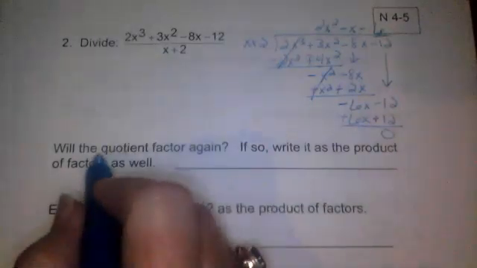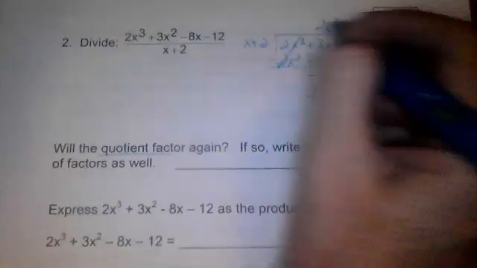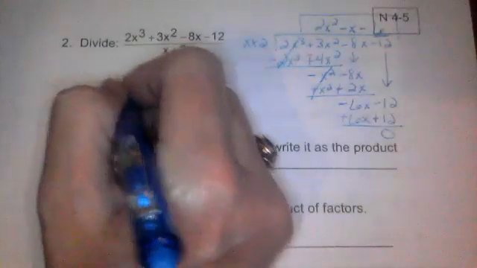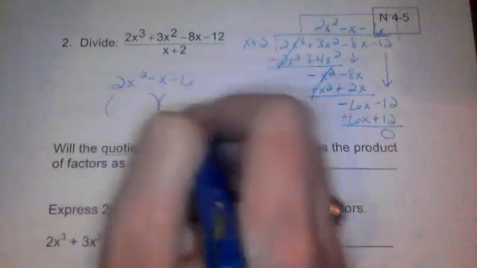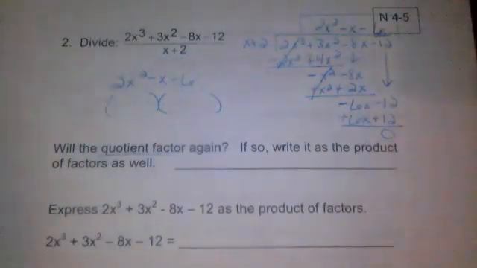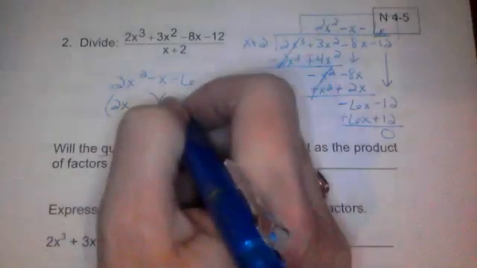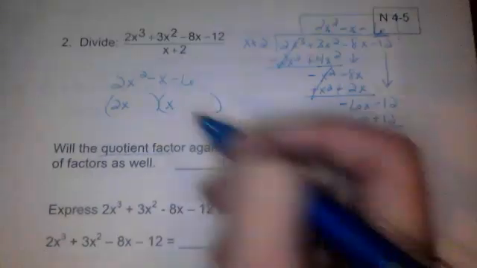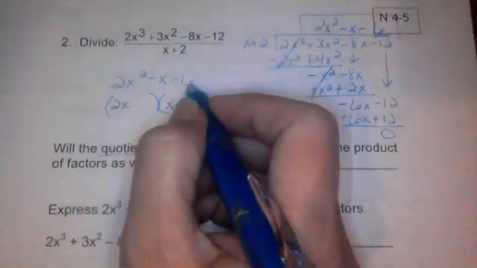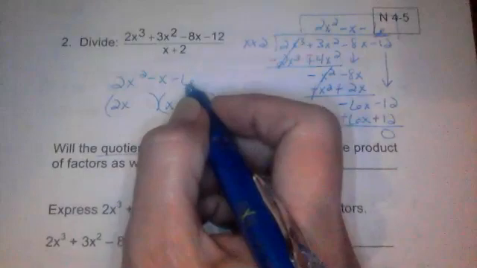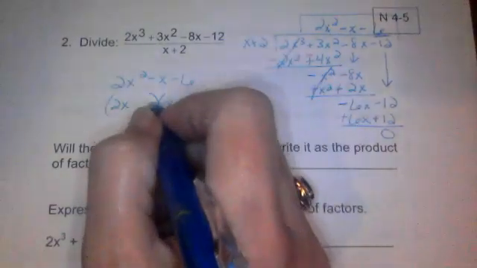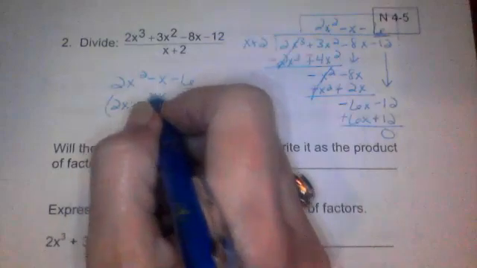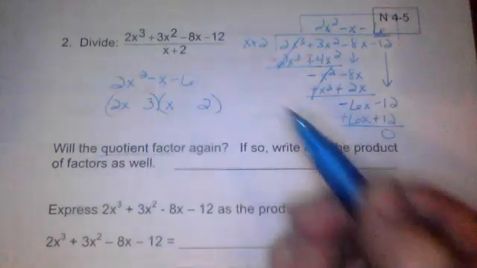And again it asks, will this quotient factor again? So we'll try. We have 2x squared minus x minus 6. We're going to try to factor that out. So 2x times x, and then for 6, we're probably going to need to use 3 and 2, and we want to get a negative 1 in the middle. So I'm going to do it this way.